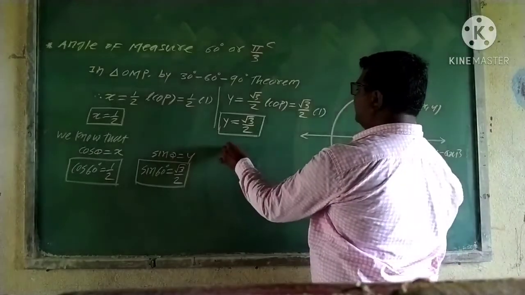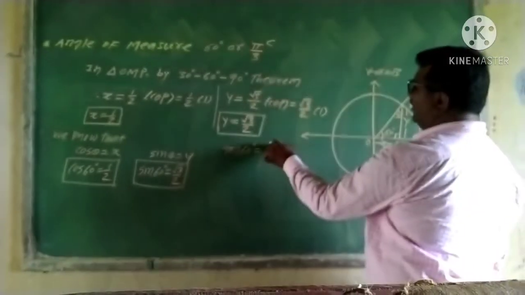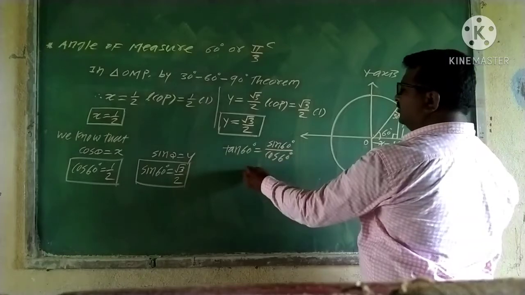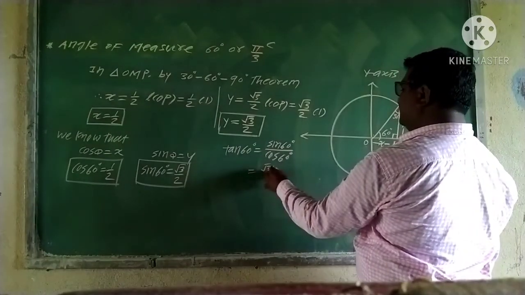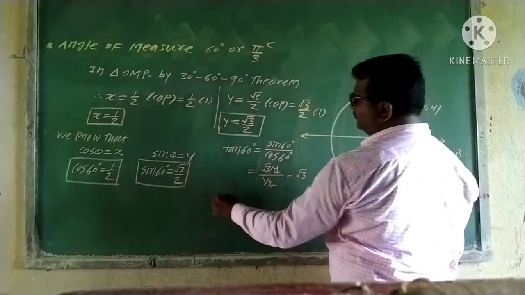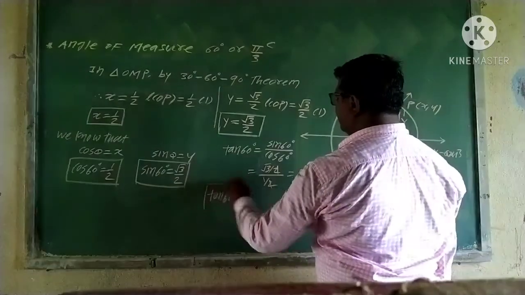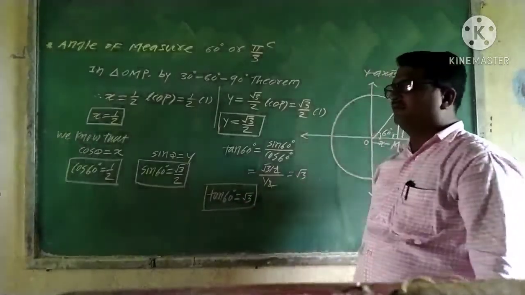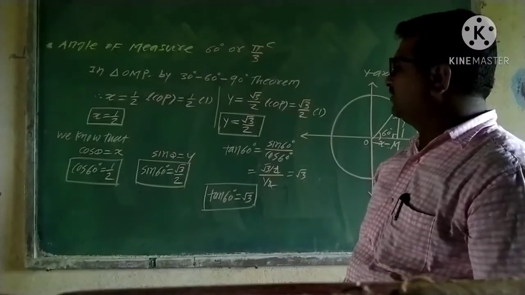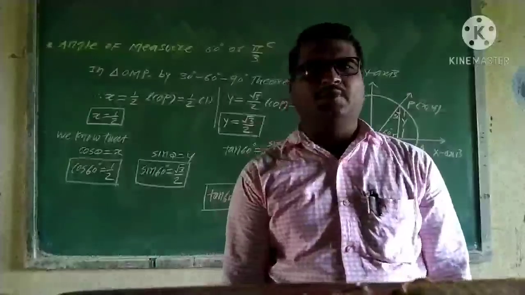Tan of 60 degree equals sin of 60 degree divided by cos of 60 degree, equal to square root 3 divided by 2 divided by 1 upon 2. The 2s get cancelled, remaining square root 3. So tan of 60 degree equals square root 3. Similarly, find the remaining trigonometric functions, that are cot, sec and cosec, by using the relation between trigonometric functions.